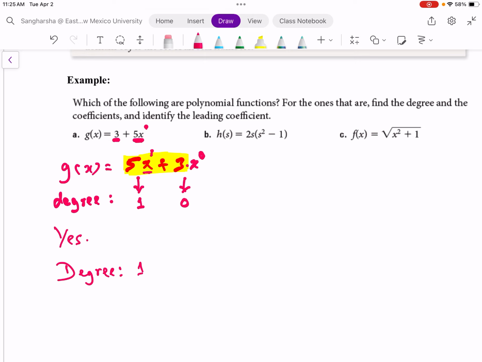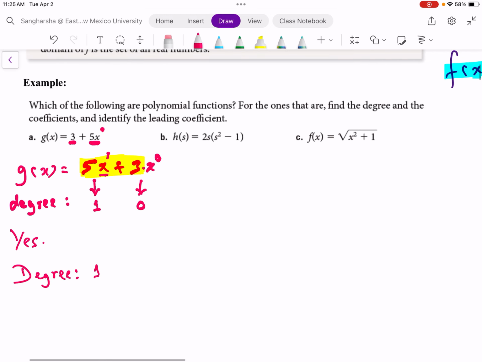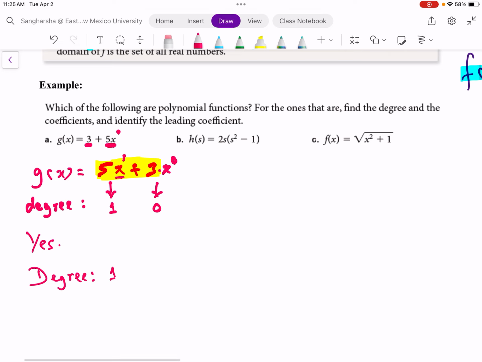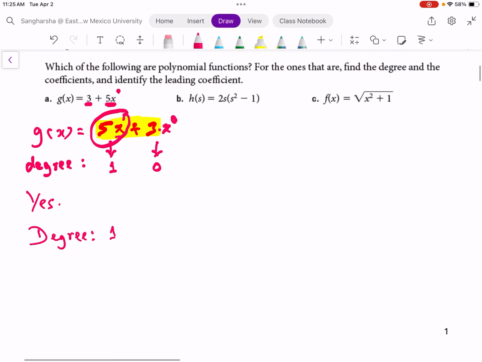Let's find the coefficients. It does tell us to find the coefficient, so we can just find the coefficient for each term. Like we have 5x. What is the coefficient for this term? 5, right? The number in front of the input x is the coefficient.